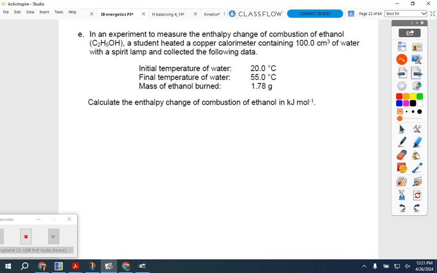Enthalpy of combustion of ethanol, heating up a copper calorimeter which contains 100.0 centimeters cubed of water, using a spirit lamp to heat it by burning the ethanol. These are the data that were collected: the initial and final temperature of the water, and the mass of ethanol burned. And we want to know what is delta H in kilojoules per mole.